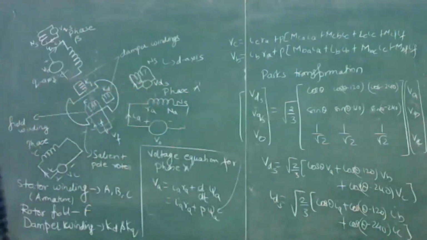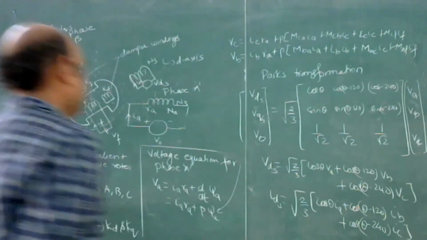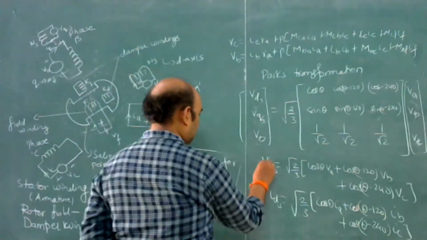So this is the transformation of three-phase variables to DQ variables in the stator, which is running at the speed of the rotor.